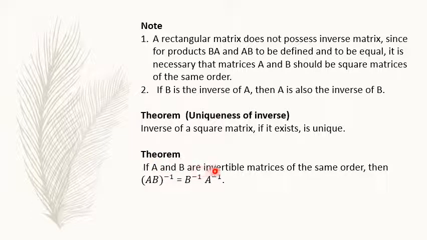If A and B are invertible matrices of the same order, then the inverse of the product matrix AB is the same as B inverse into A inverse. That is, (AB) inverse is the same as B inverse into A inverse.